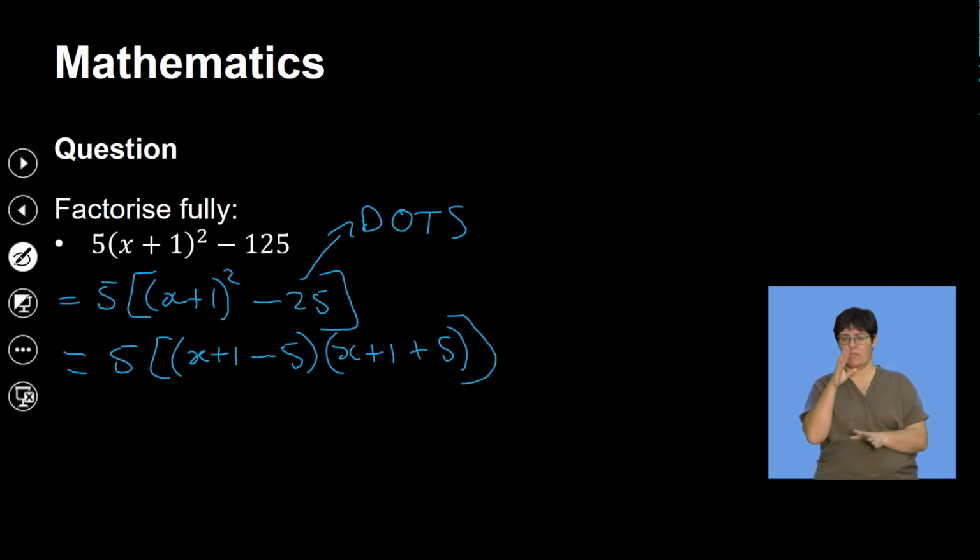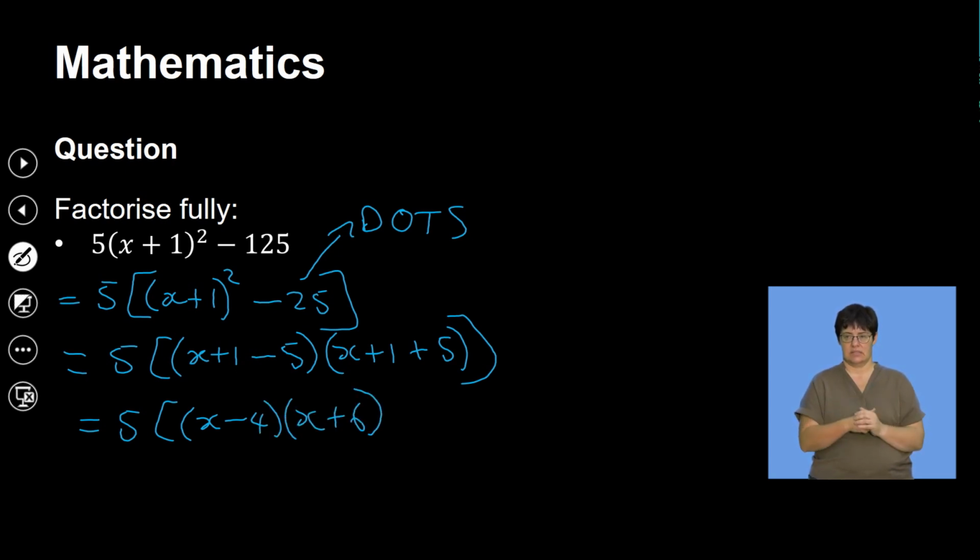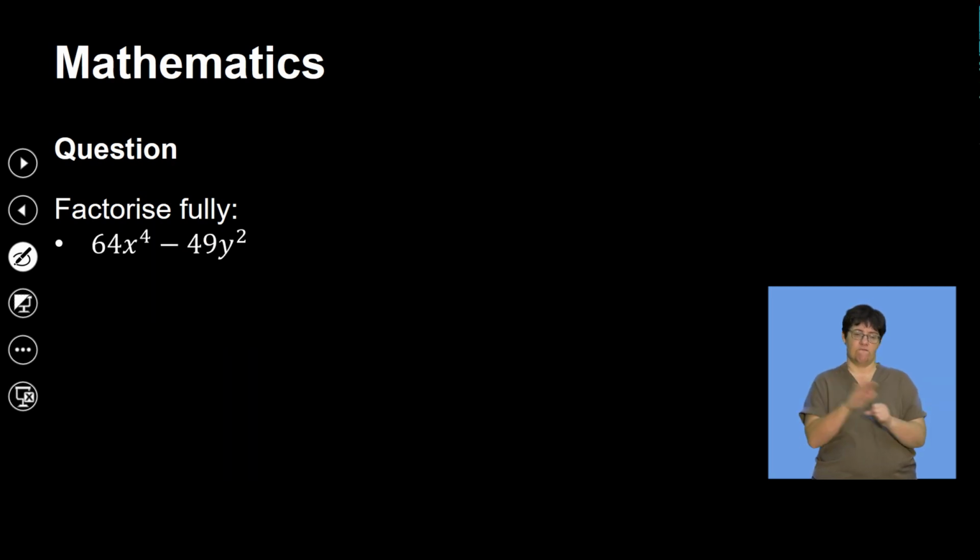And then you can simplify it further, right? So this becomes 5 into x minus 4 into x plus 6, and then you can close your bracket, and that's the simplified version of it, which is the factorized fully part.